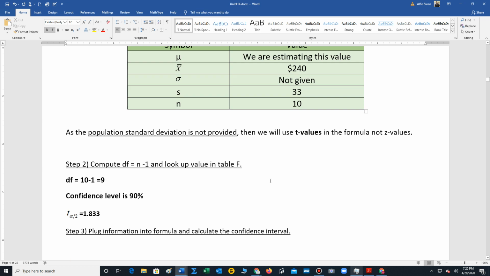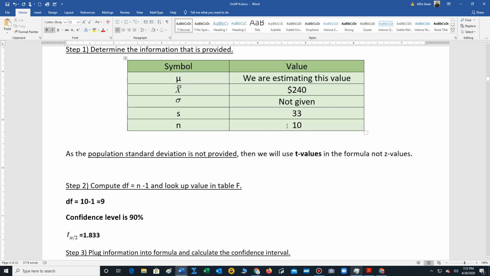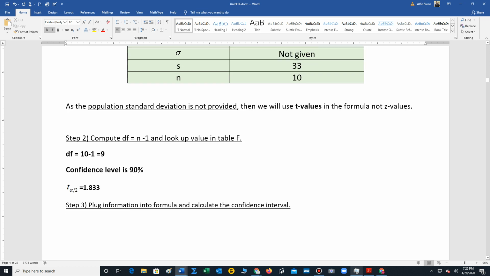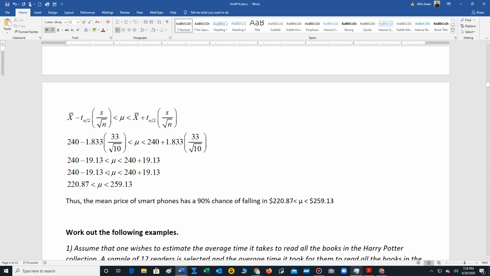Next, we have to find the t-value, so we compute degrees of freedom, 10 minus 1, since we have 10 phones, that's 9. We look up our value in the table like we did previously, 1.833. We take this information and plug it into our formula and calculate.